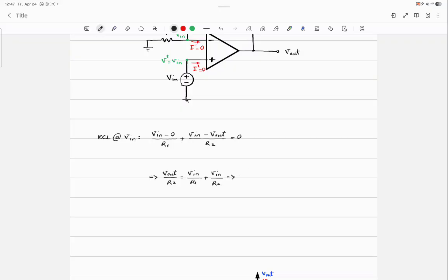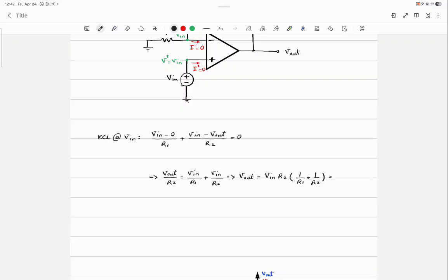And from here, I can write V out is equal to V in R2 times 1 over R1 plus 1 over R2.